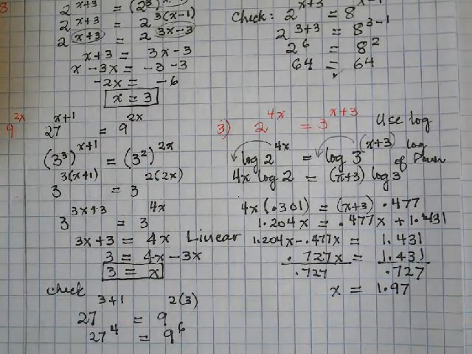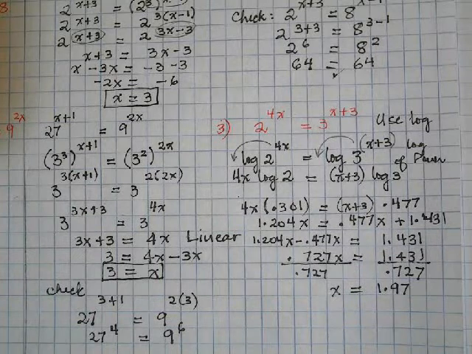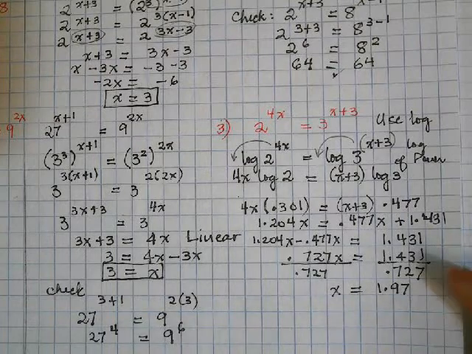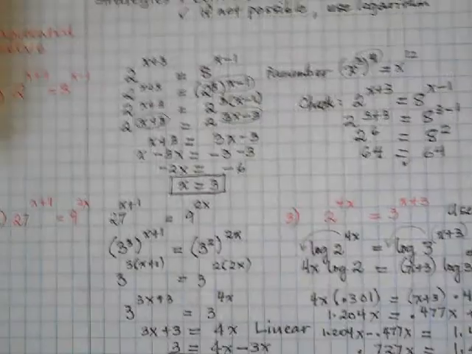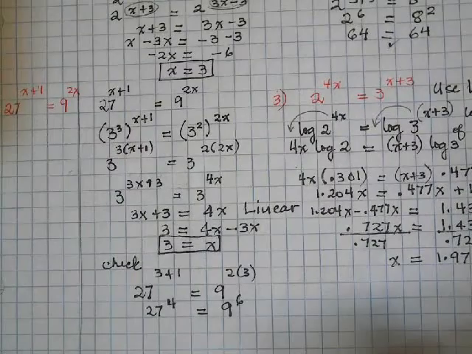Okay, so that's how you solve this type of equations. When you cannot convert them to the same base, you have to use the log. Okay, practice this until you are confident that you know these two strategies. Okay, and persevere on this. Okay, I'll see you on the next one.